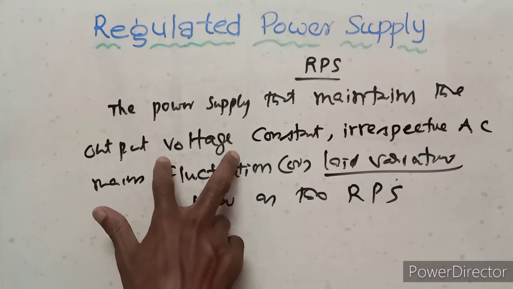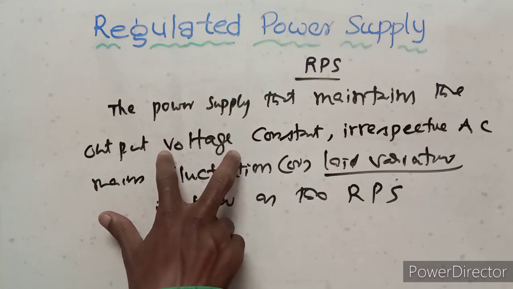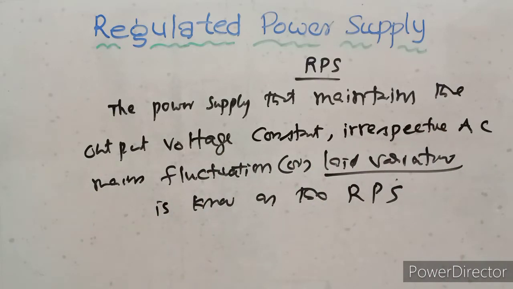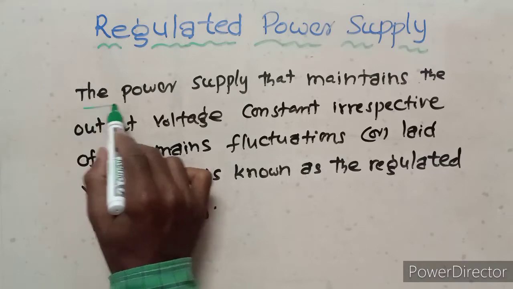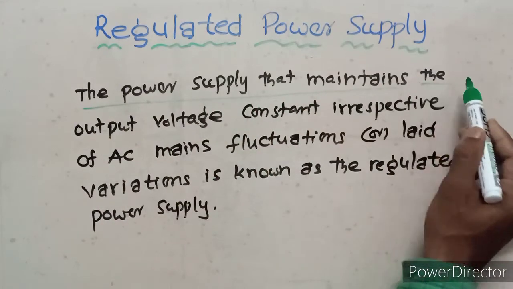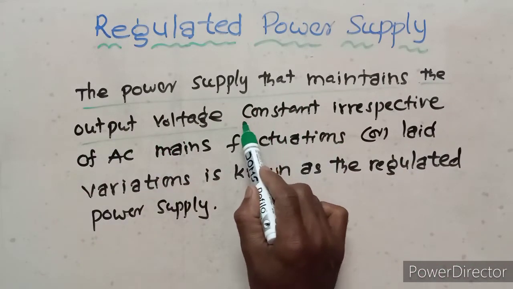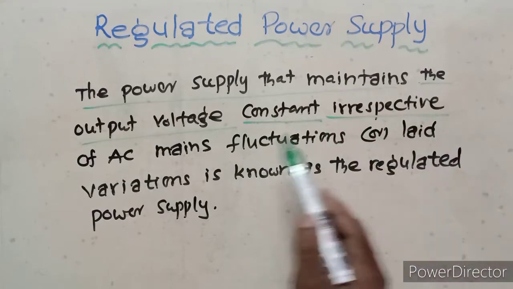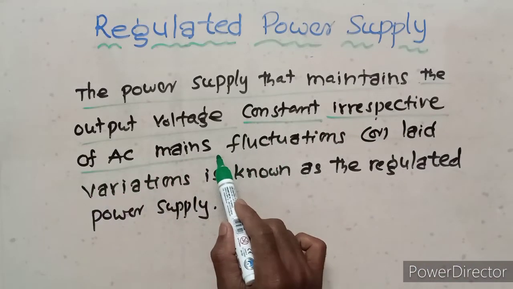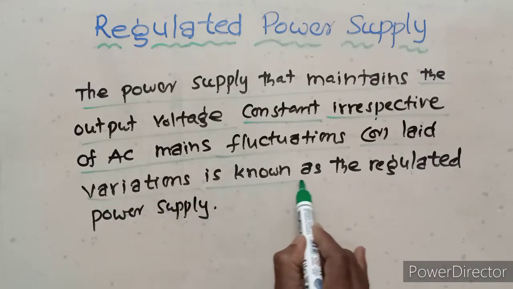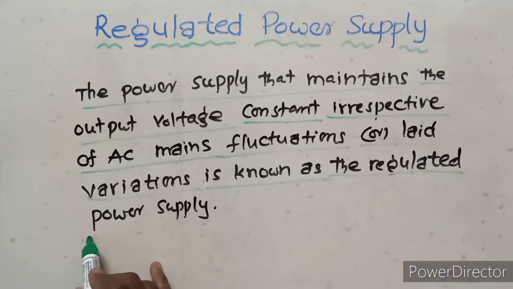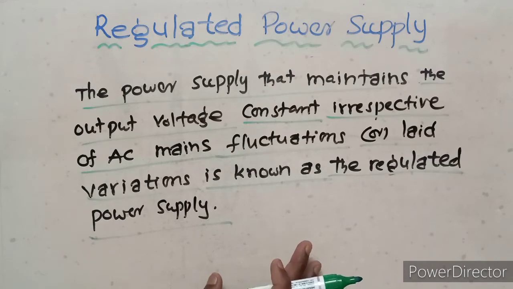The output voltage is independent of AC mains fluctuations. So the power supply that maintains the output voltage constant irrespective of AC mains fluctuations or load variations is known as the regulated power supply. This is the definition of the regulated power supply.